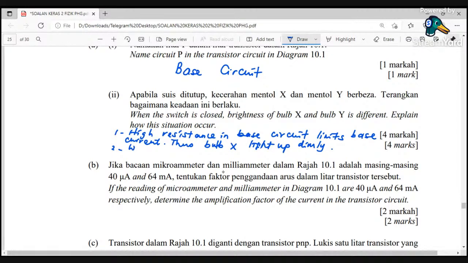When base current flow, transistor amplifies base current to larger collector current.